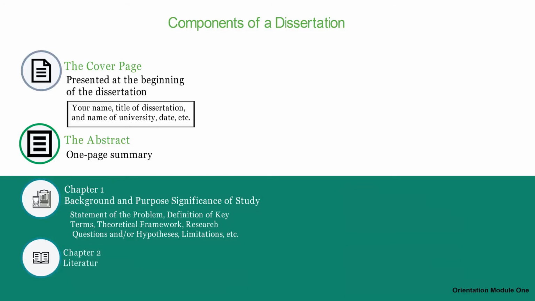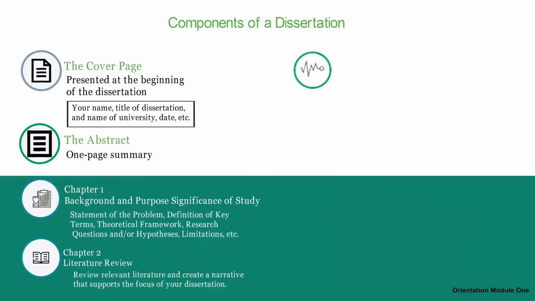Chapter 2 is the literature review chapter, usually the longest chapter of a dissertation. Here you review relevant literature and create a narrative that supports the focus of your dissertation. In this section, you will selectively organize the research material, make an outline, write an introduction, use headings and transitions, and write a paper synthesizing the literature.